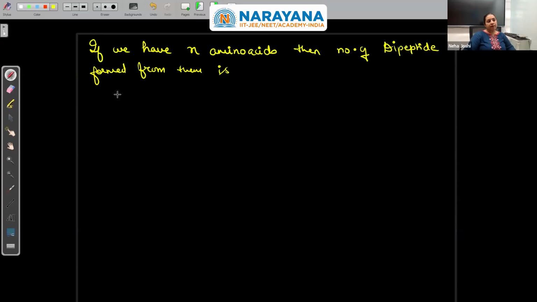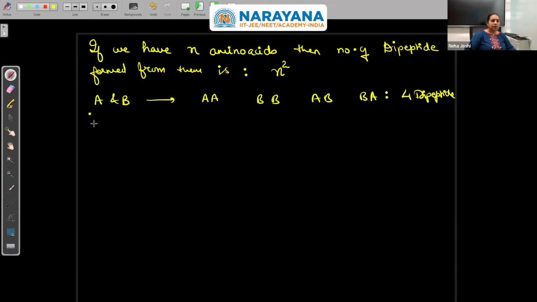Okay, so it is usually n to the power 2. Let us check. If I have 2 amino acids, A and B, so this value is 2 raised to 2. So I will write 4 dipeptides. Na? So I should have 4 dipeptides. So AA, BB, AB and BA. So I have 4 dipeptides if I am given 2 amino acids. And now I am asked how many tripeptides.